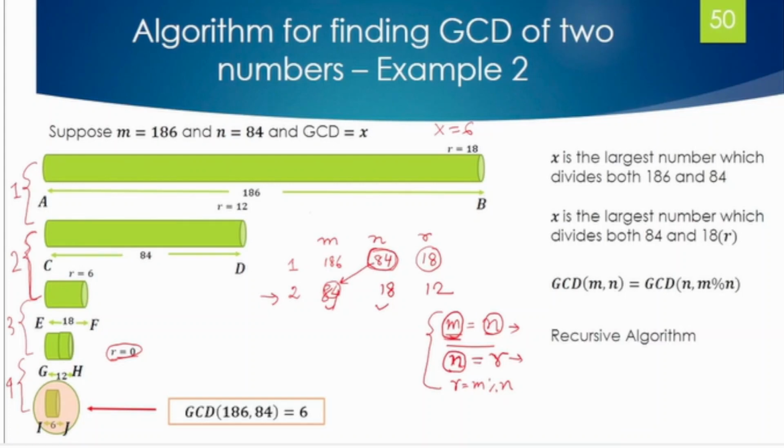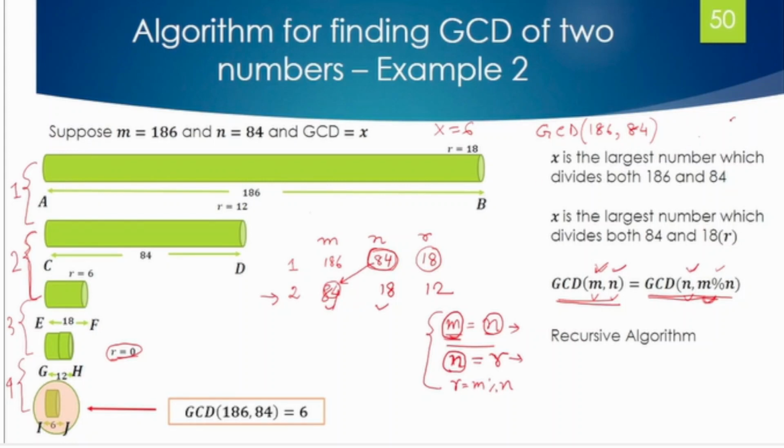This algorithm is basically known as a recursive type algorithm. To understand what a recursive algorithm is, let us consider GCD(m, n), or let's say GCD(186, 84). This is a mathematical function. Let's assume we know what a mathematical function is.